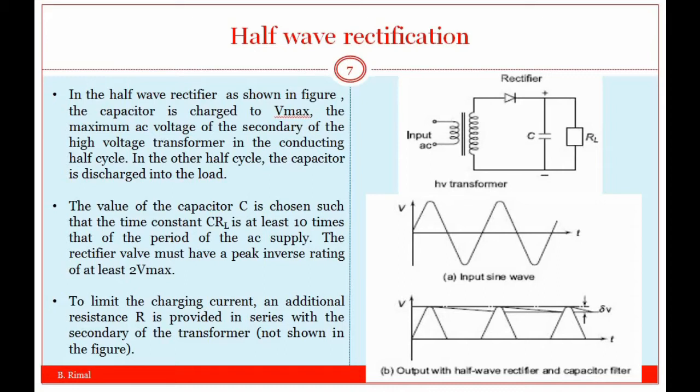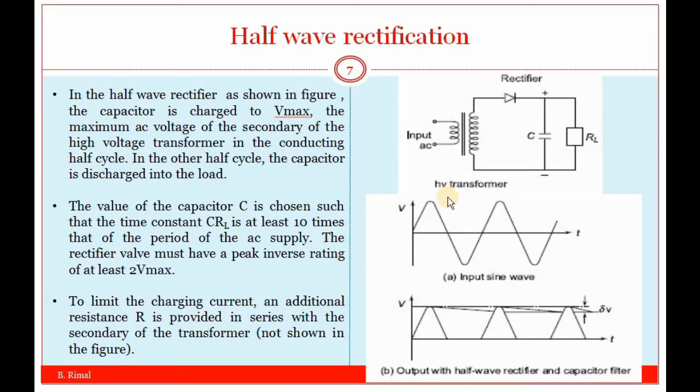It will transform low voltage, generally distribution voltage, to a higher voltage level of up to 100 or 200 kilovolt. The power diode or rectifier used will conduct when it is forward biased, and the capacitor here is used as a filter, and the load, that is RL, might be any test object.